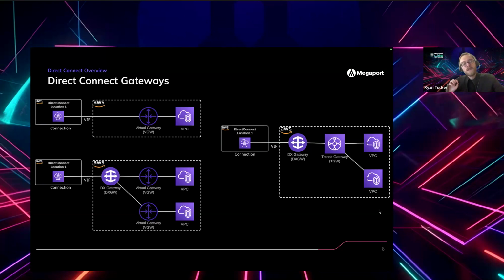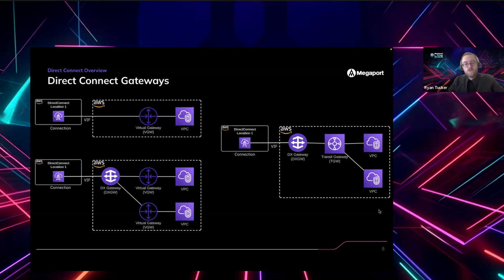So essentially it can terminate the VIF. So instead of the VIF being directly connected to a VGW, a virtual gateway, the VIF can be connected to a direct connect gateway, and then the direct connect gateway can be connected to up to 10 virtual gateways. And then each virtual gateway is attached to a VPC.